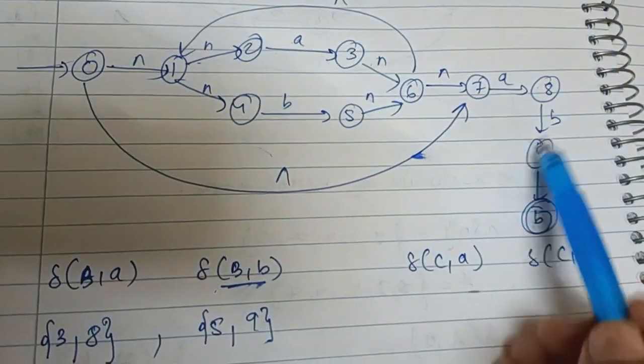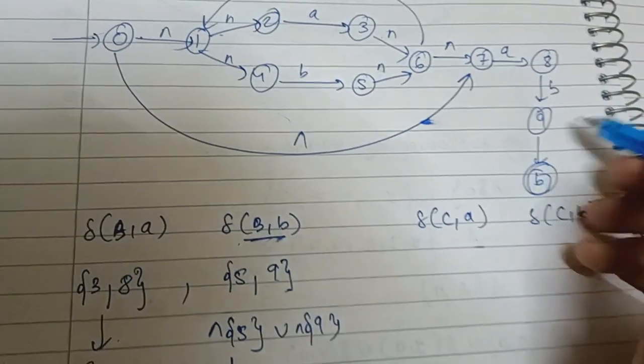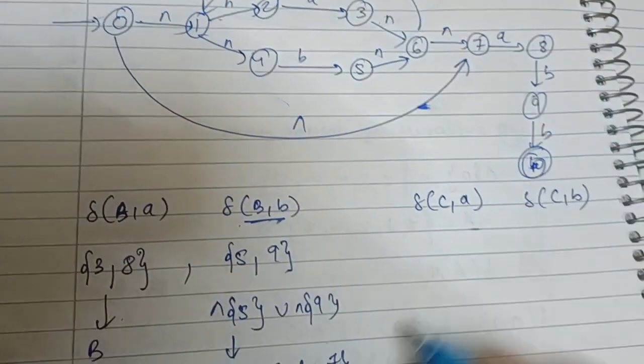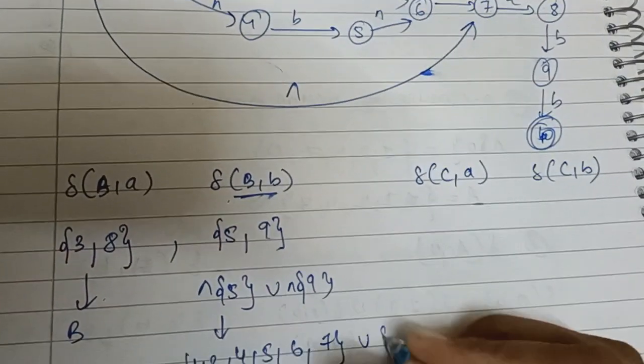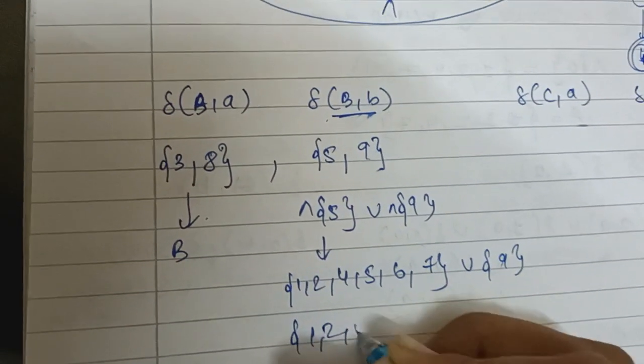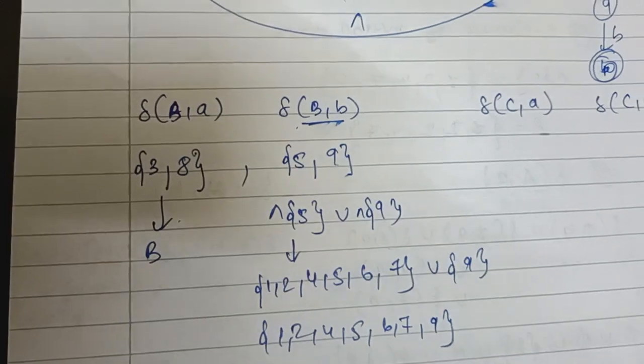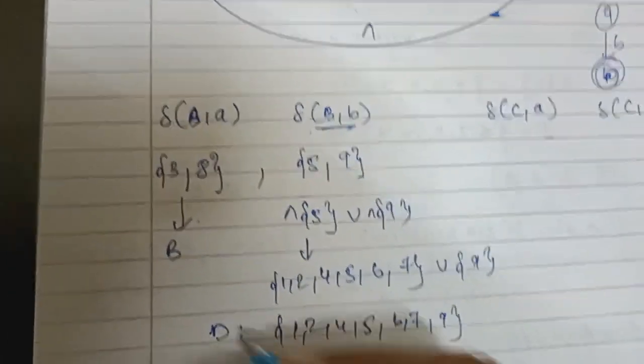When we see the null closure of 9, it is itself, right? Null closure of 9 is itself. So here we will do the union with 9. So it is 1, 2, 4, 5, 6, 7 and 9. Okay, let's name it as D.